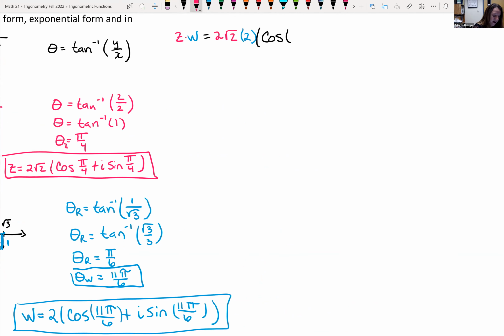I'm summing my values for my angles, which is pi fourths plus 11 pi 6, plus i sine, again, the sum of my angles, which are pi fourths plus 11 pi 6.